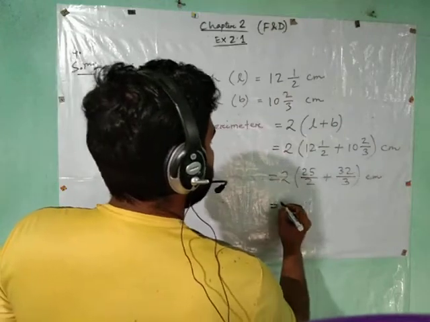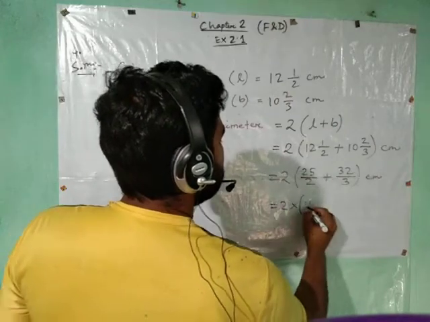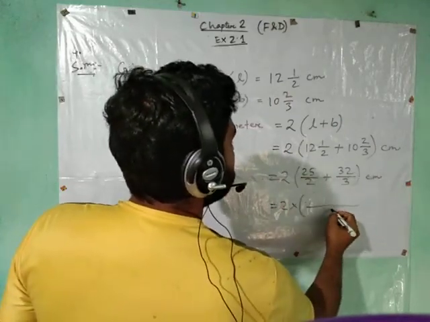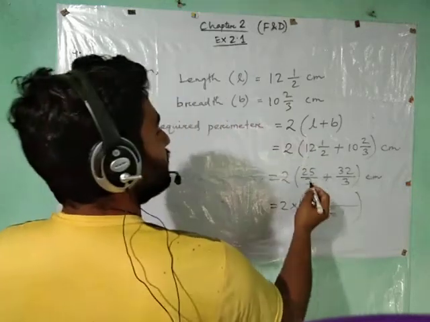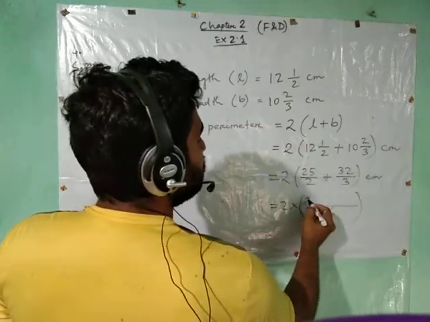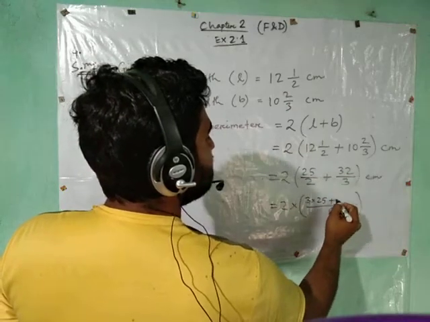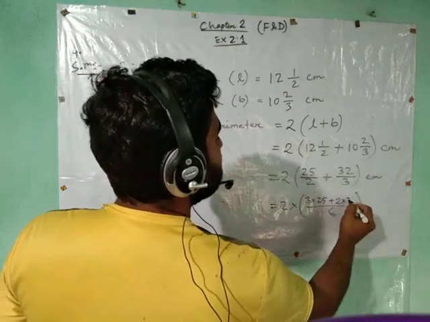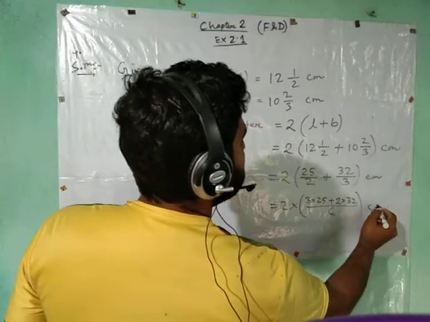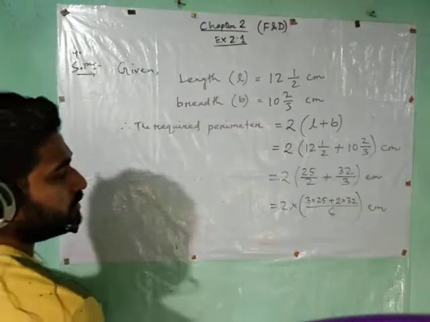Now here 2 into bracket, for 2 and 3 what will the LCM be? 6. Now 2 3s are 6, so 3 into 25 plus 3 2s are 6, so 2 into 32 centimeter. Right? Did you understand?